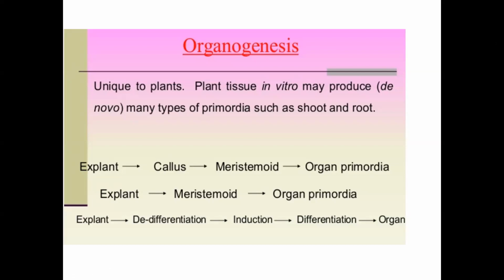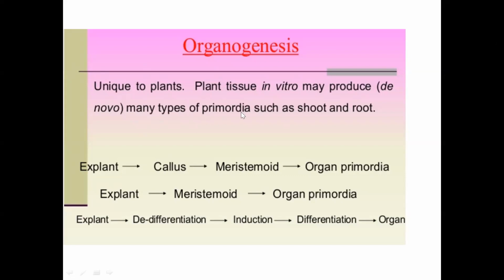Next is organogenesis. Organogenesis is definitely unique to plants because only plants have totipotency. Just with callus, if it has to stop, there is no use. Plants have the potential to convert the cells of the callus into the whole plant, which is unique to plants. So you can produce de novo many types of primordia.